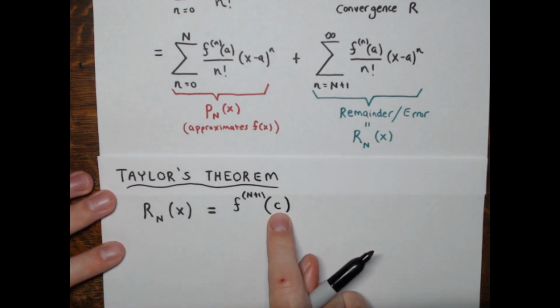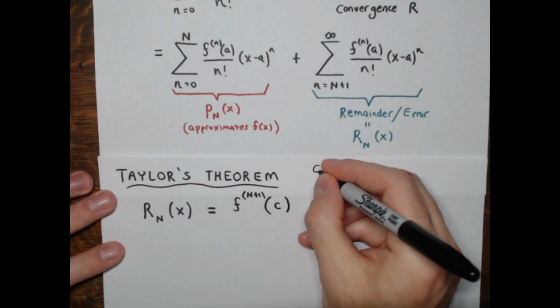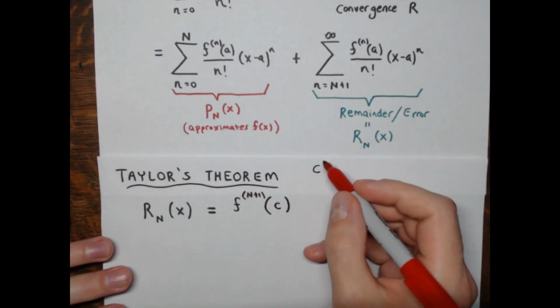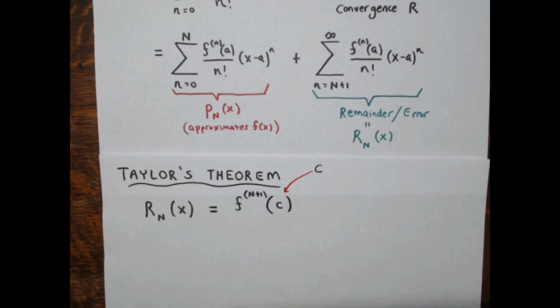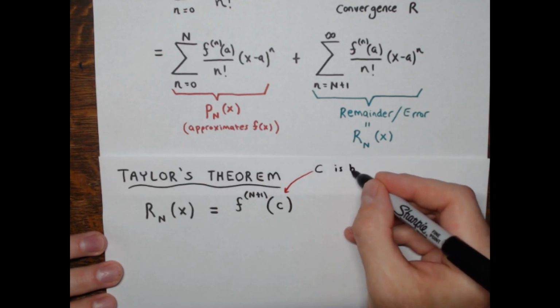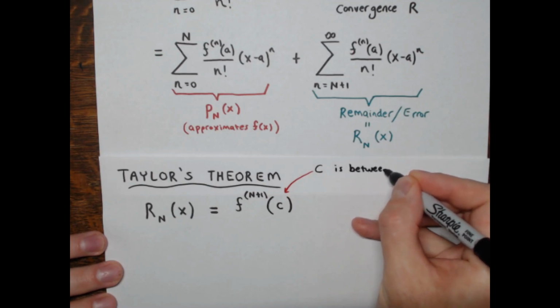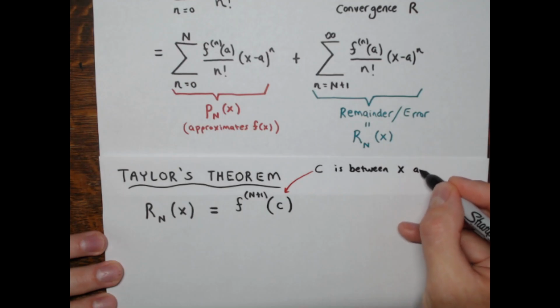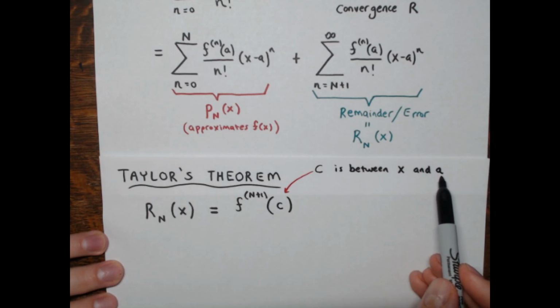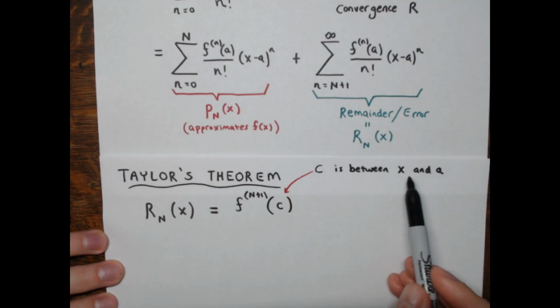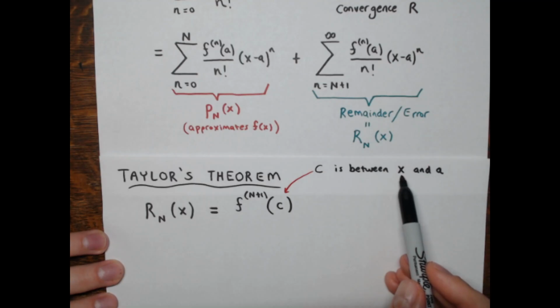Now, this value c mentioned here, and I'm not done, there's more to this, but this value c is between x and a, right? So remember, a is the center of our polynomial, where the power series is centered. And x is the value we're plugging into our function and trying to approximate the value of f of x.